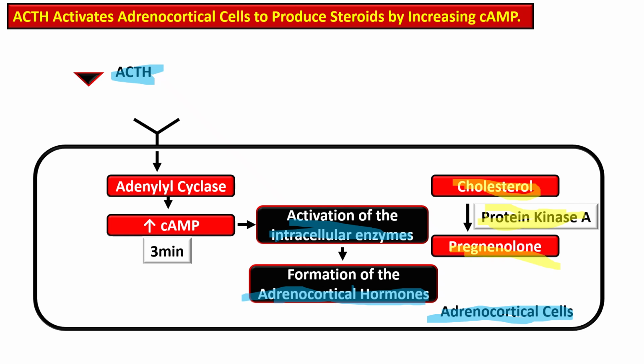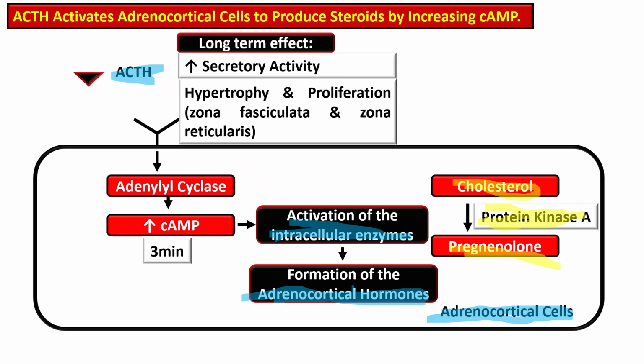Protein kinase A is the enzyme that drives the synthesis of adrenocortical hormones, and it is the most critical step in their formation, rate limiting for all adrenocortical hormones such as cortisol, aldosterone, and androgen. There are also long-term effects of adrenocorticotropic hormone.